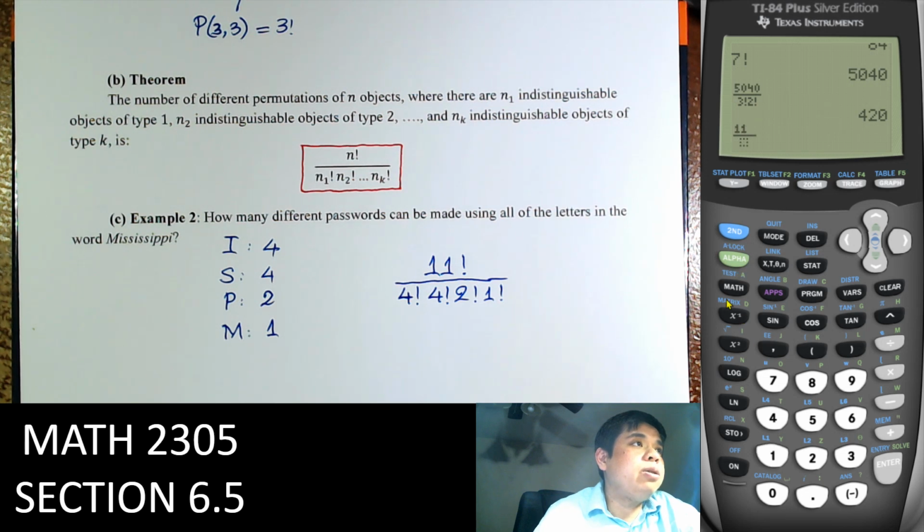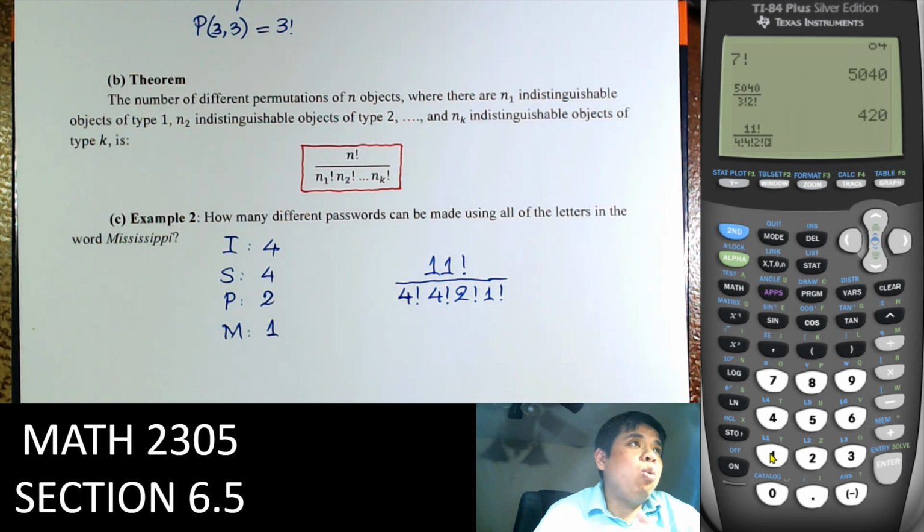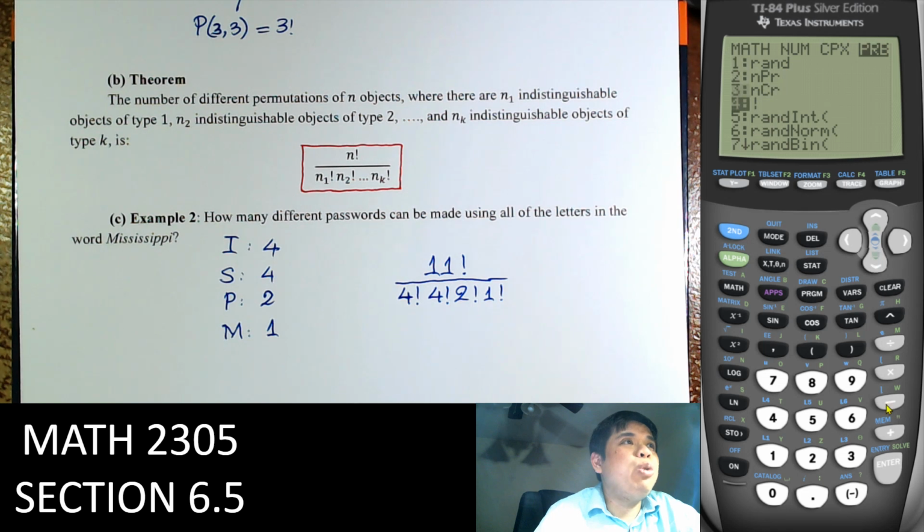So that's 11 factorial, divided by 4 factorial, 4 factorial, 2 factorial, and 1 factorial. We don't really need to put it, but it doesn't hurt if we do.